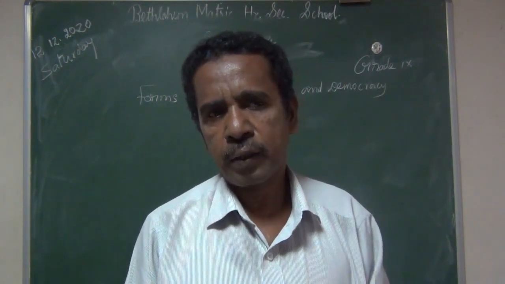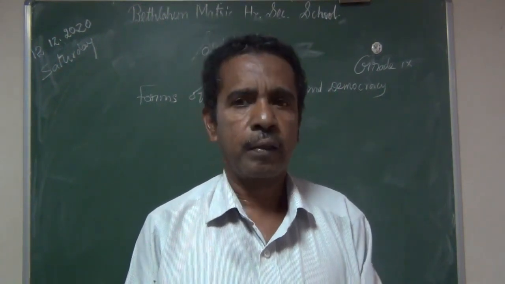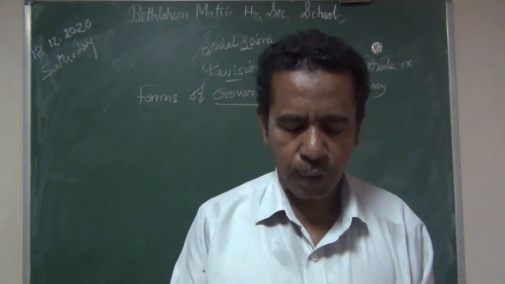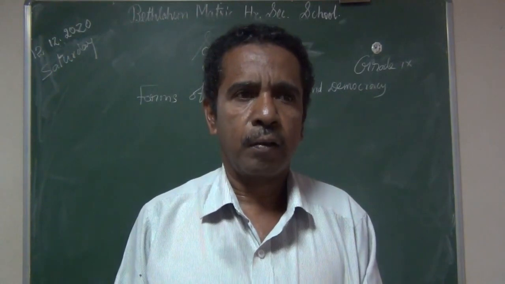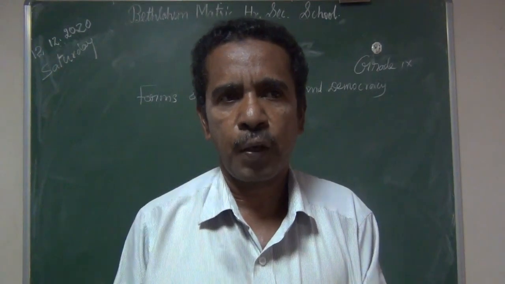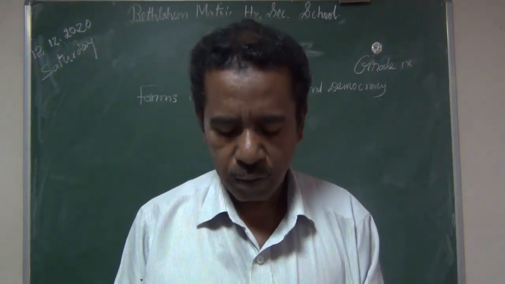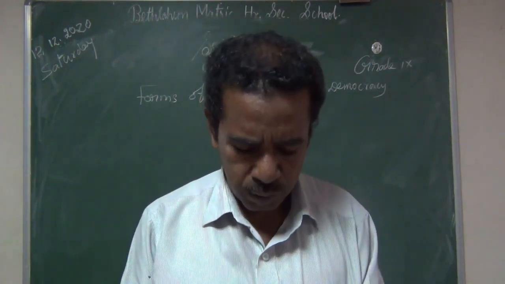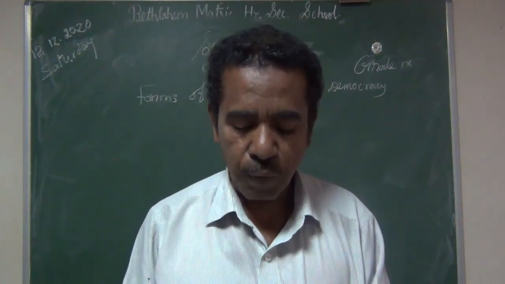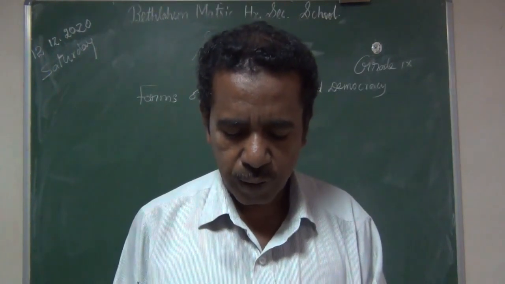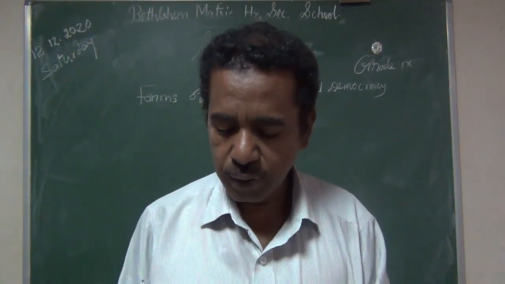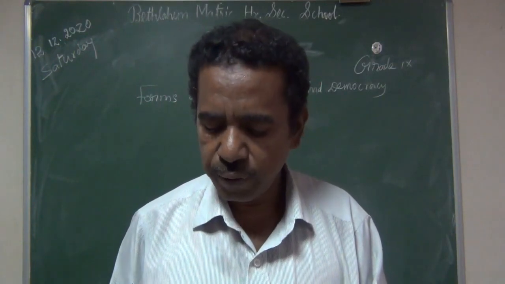In the state assembly, DMK is the opposition party of the ruling party. Like this, some strong responsible opposition party must be there for the success of democracy. All these points mentioned are the conditions for success of democracy in India, about 9 points given.